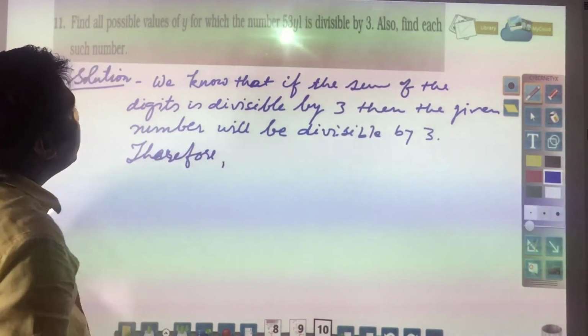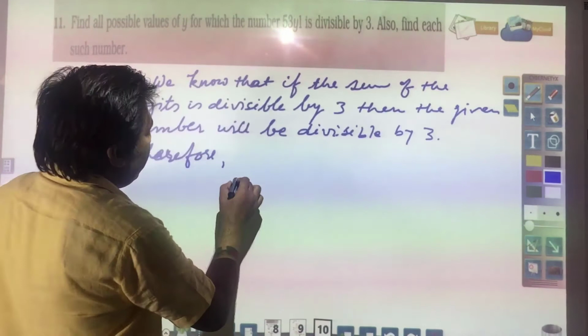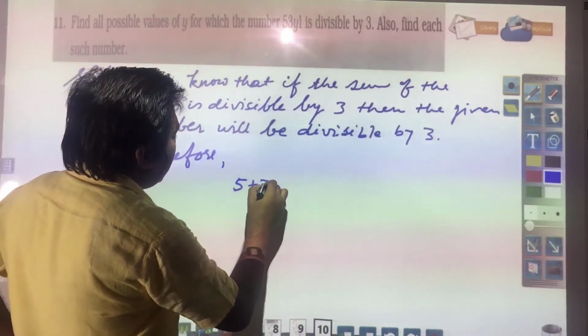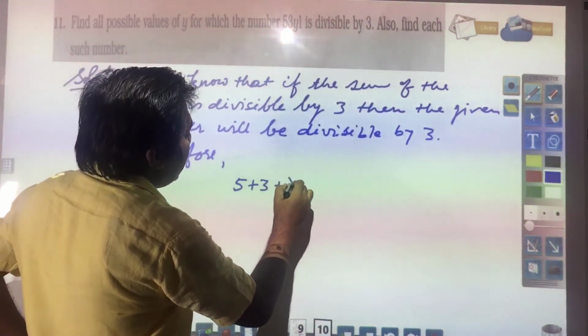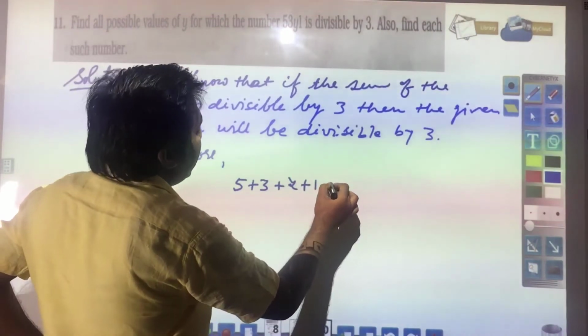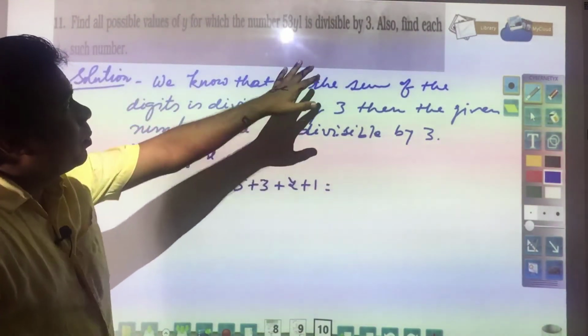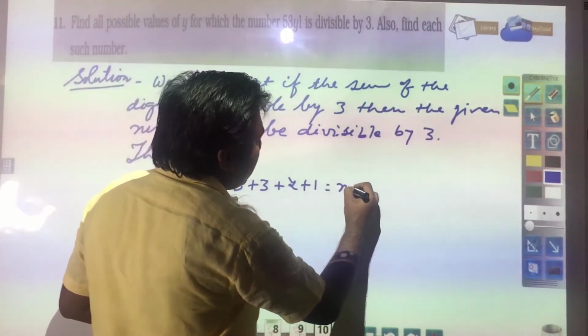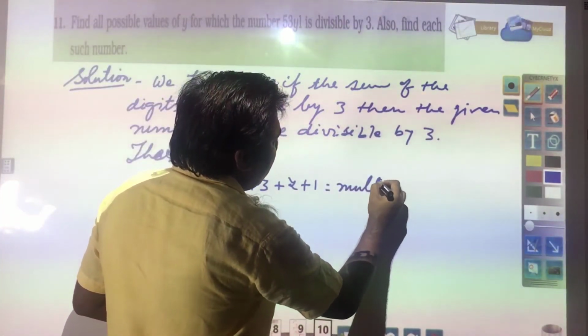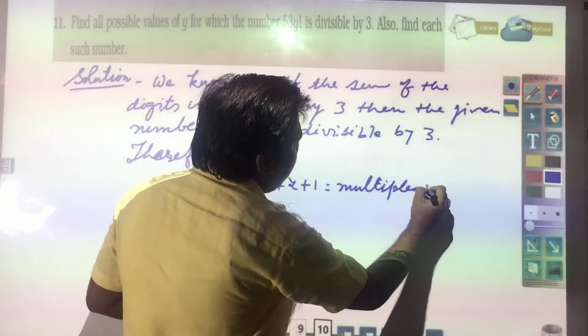And therefore, what we need to do here is, you have 5 plus 3 plus y plus 1, it should be such a number that is divisible by 3. It means we should get multiples of 3.